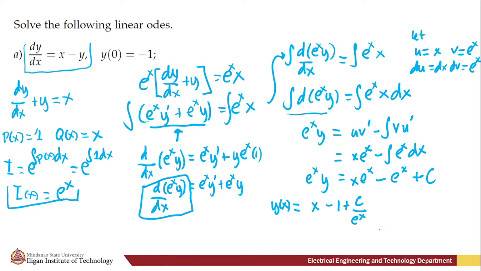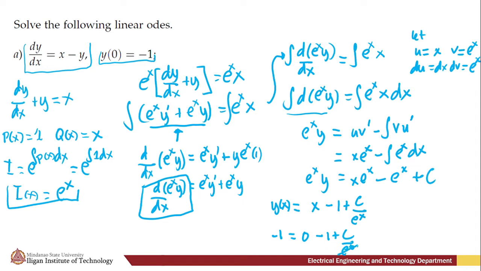Now, we're going to substitute the initial condition to find the value of our arbitrary constant c. So y of 0 equals negative 1. So we have negative 1 here equals, the value of x is 0, minus 1 plus c e raised to 0.